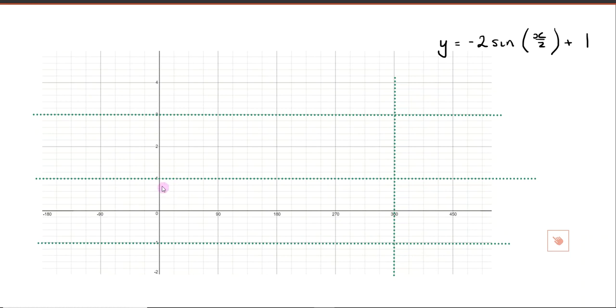Now we know sine starts on my centre line. And then because it's a negative, it goes down instead of up. And we've only got half a wave in this 360. So instead of having one that does all of that, only this part has to spread. So the minimum will be down at this point, and then it comes back up. So that will be my curve.